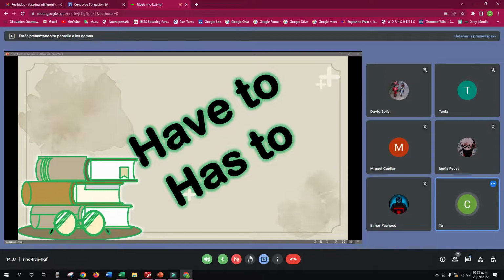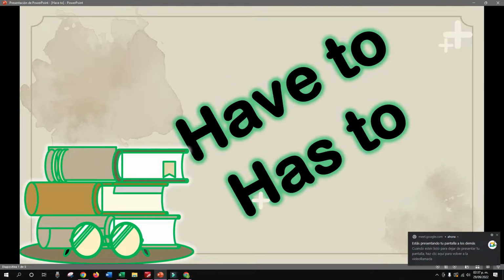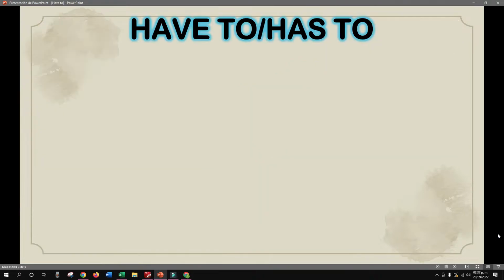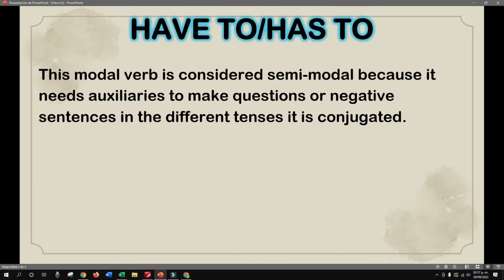This is like a semi-modal verb, like should, like can't, right? But we're going to study some rules about have to, and has to for the third person singular. So let's start with this one. It says have to and has to.